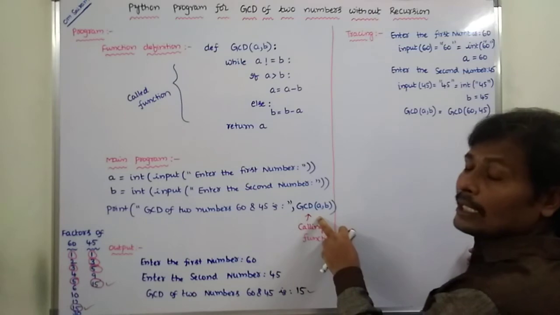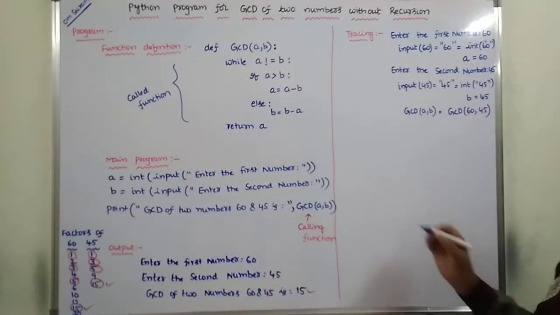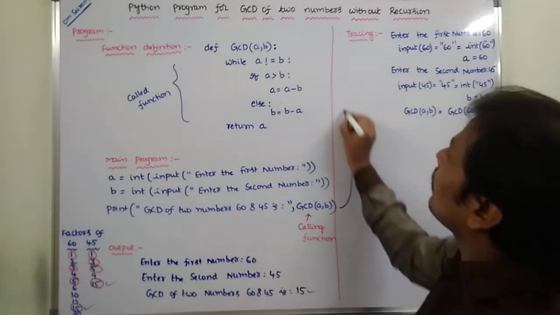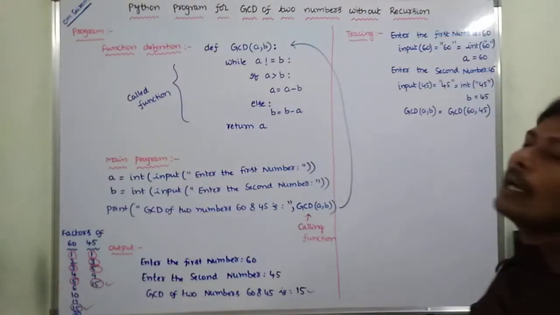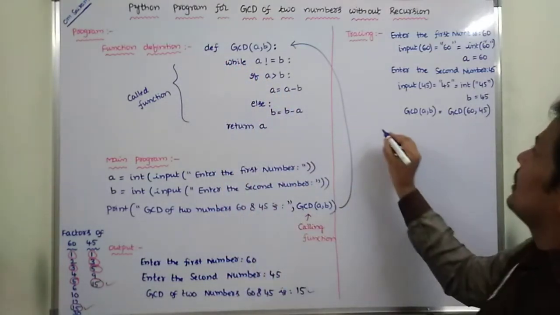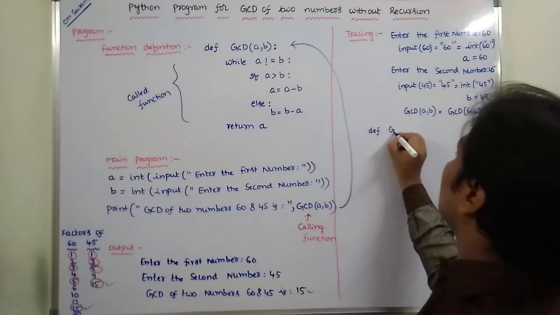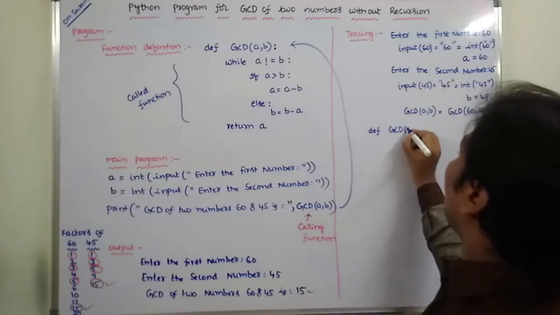Whenever a function is called in the main program, the control is transferred from the calling function to the called function. Okay, now go to the called function. So here the called function is def GCD of a comma b.